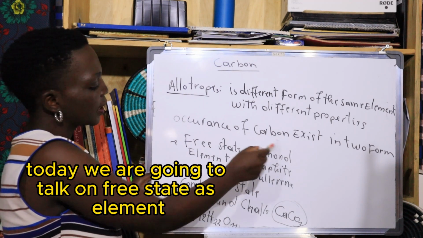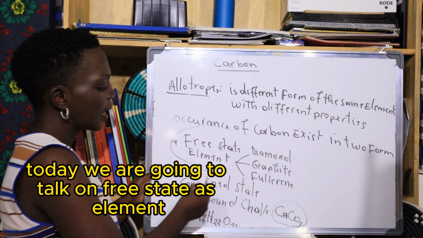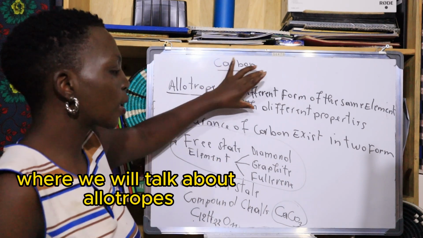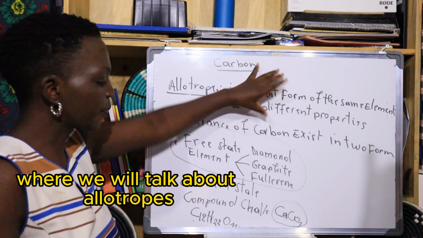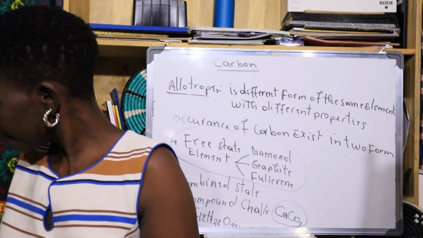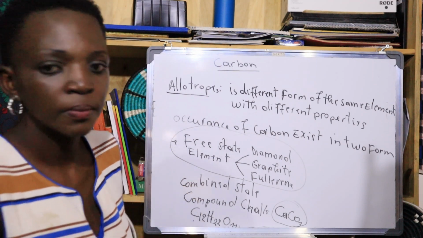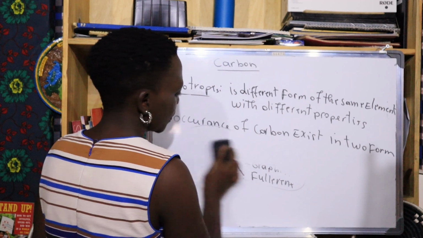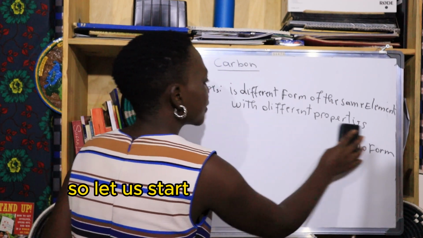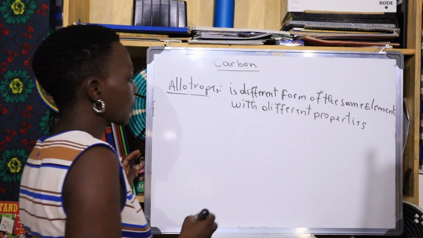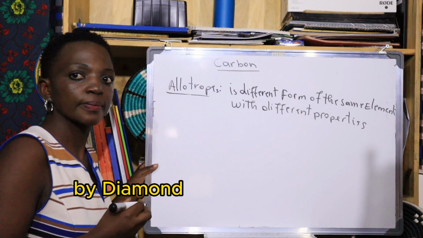Today we are going to take the free state as an element, where we will talk about allotropes in the free state as an element. So let us start with diamond.